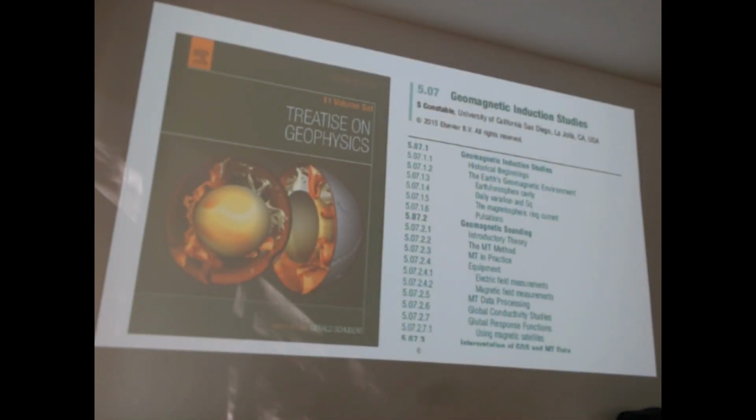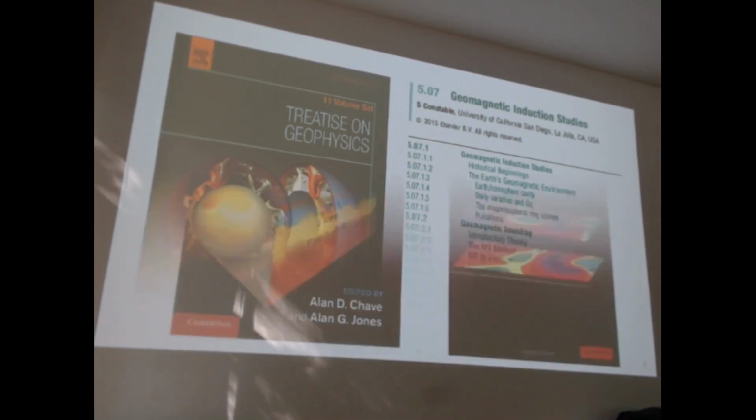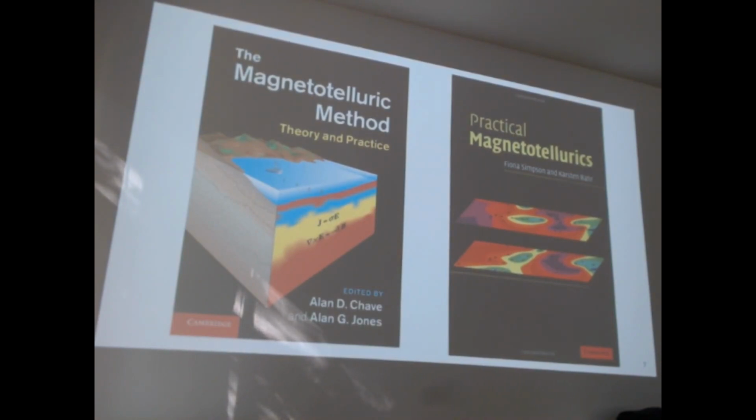Some background material. I wrote a chapter for this thing called the Treatise on Geophysics, which is sort of today's lecture in one chapter, and that's available online. There are two books on the magnetotelluric method.